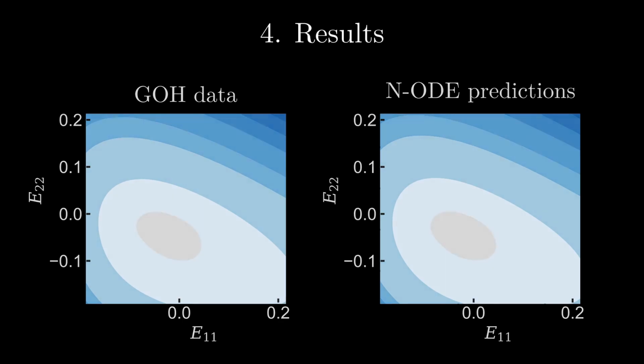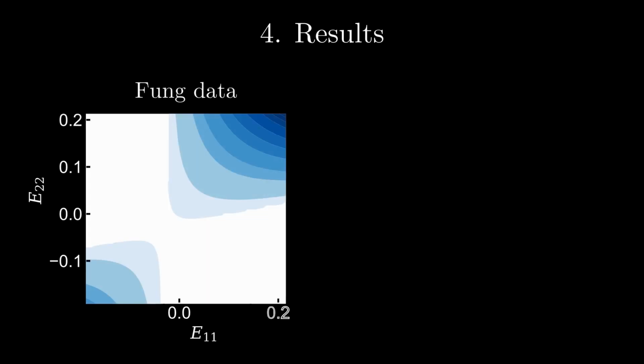Interesting things start to happen when we train the neural ODE with non-convex data. For this, we repeat the same procedure with a Fung-type material model that is not convex. Can you guess what happens when we train the neural ODE with this?